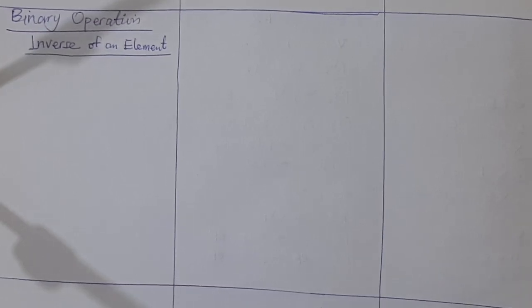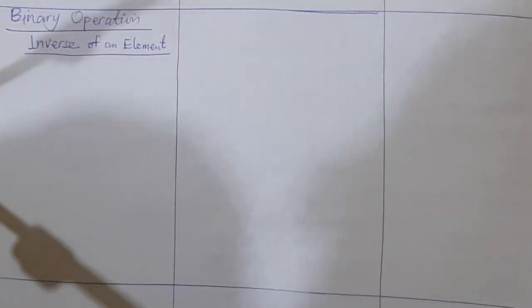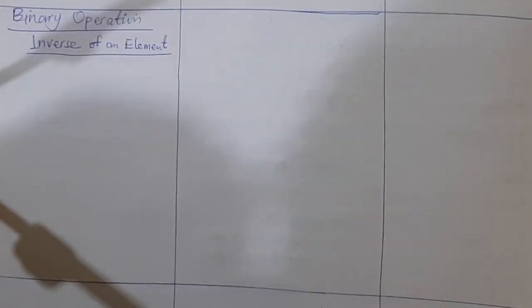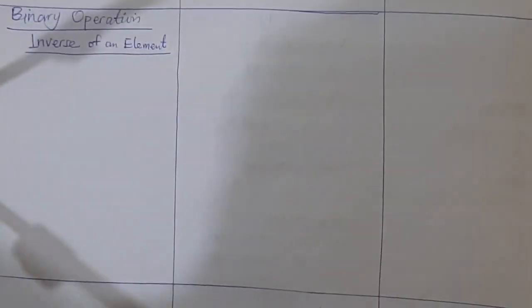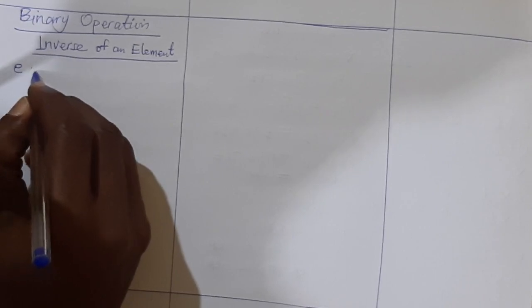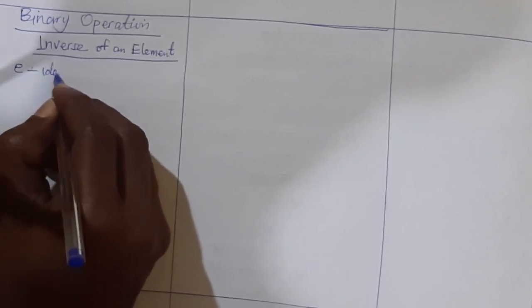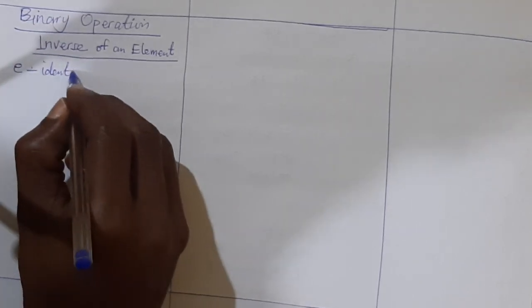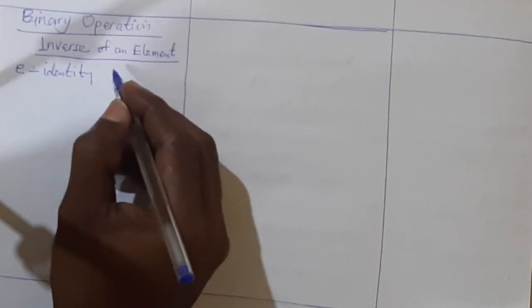So let's go to the third concept, which is inverse. Now let's recall this fact. We have talked about the fact that E is the identity element.